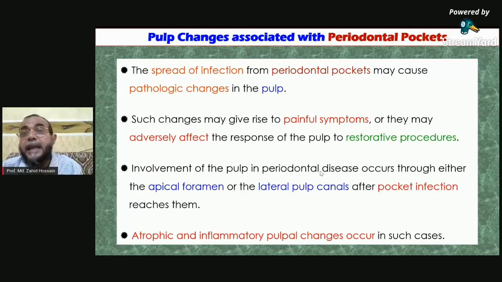Second, through an accessory canal, bacteria can go to the pulp. And third, if the periodontal pocket extends up to the apical foramen, then bacteria can enter the pulp in a retrograde way. In any of these conditions, atrophic and inflammatory pulpal changes can occur in the pulp.